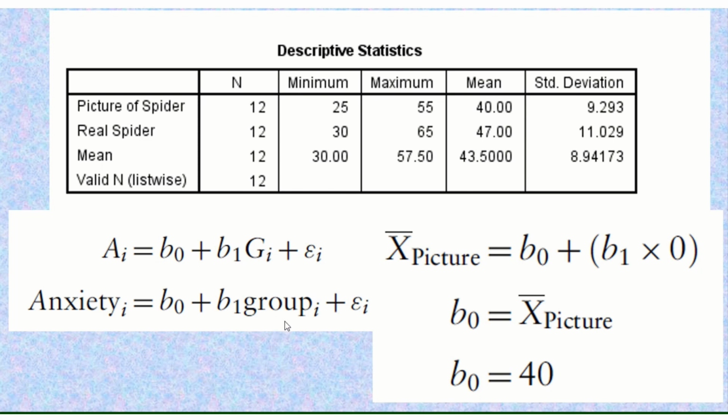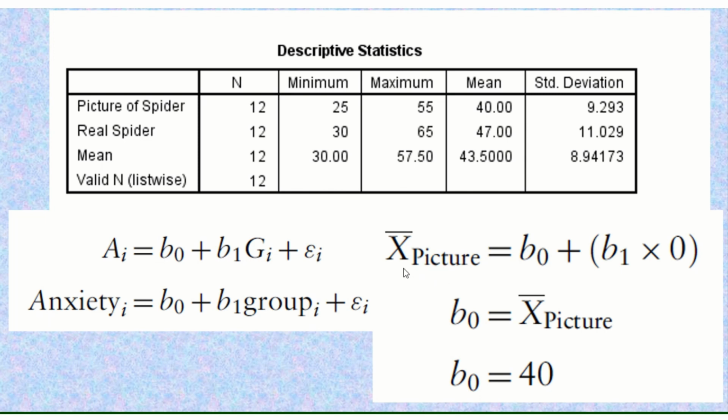For example, in our first example using the general linear model equation, we will be replacing the outcome, or the dependent variable, with the anxiety that the people feel when they were shown the picture of the spider.